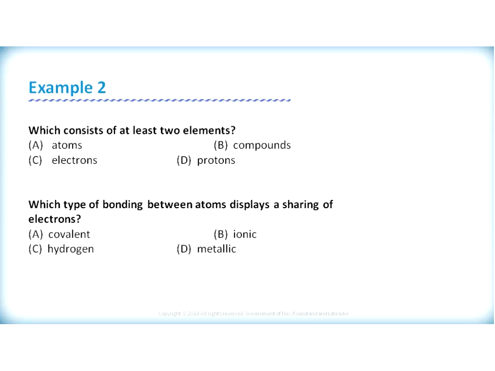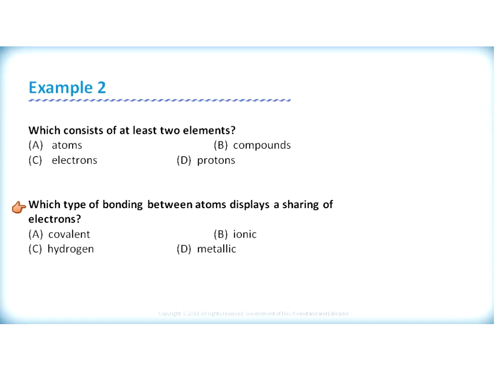Example 2. The question reads, which consists of at least 2 elements? If a material exists of 2 elements, it would exist as a compound or a molecule. And in this case, our answer would be B, compounds. Second question reads, which type of bonding between atoms displays the sharing of electrons?